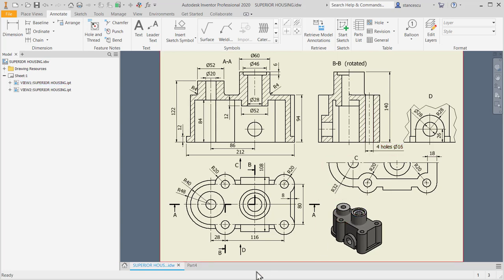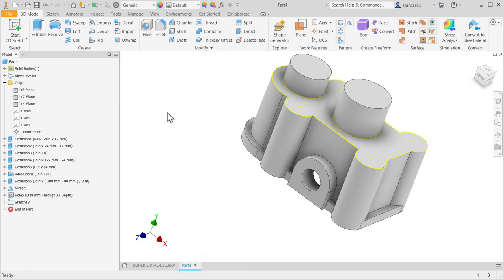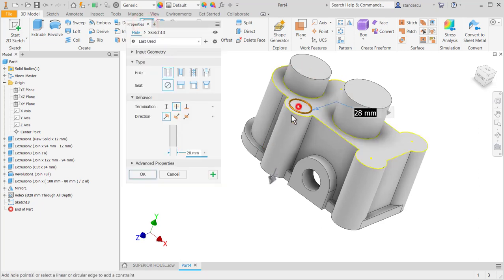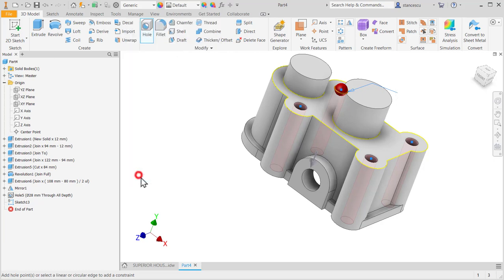Yes, these ones. Hole, this point, 16, and the other points. Through of 16.